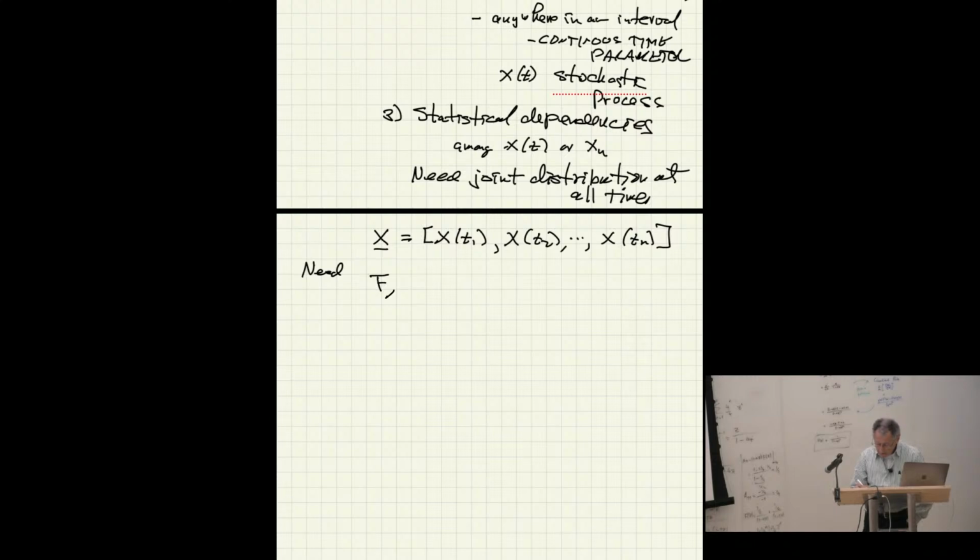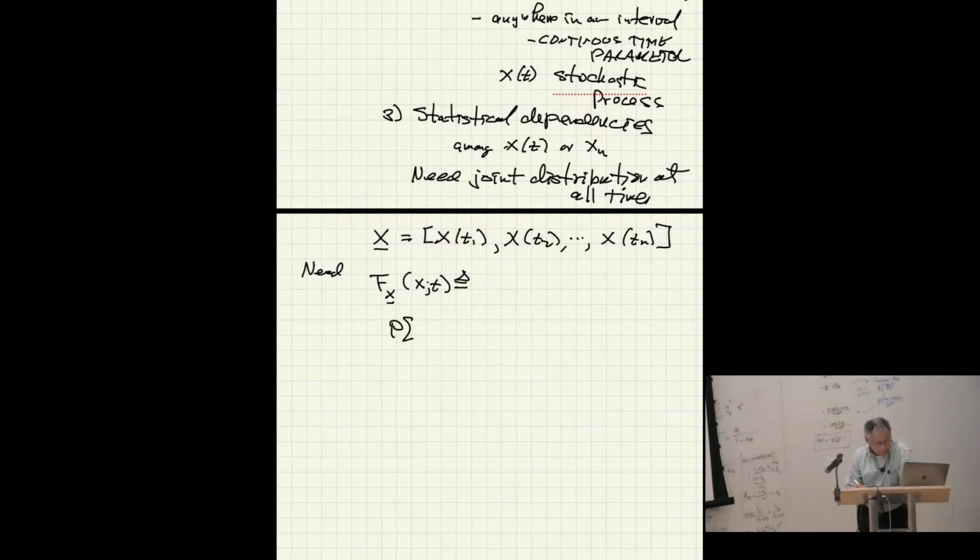F sub capital X, and I could have put a vector below it if you like, but generally I don't need to, but it's expected, of a set of numbers x and t. And that's defined as the following.